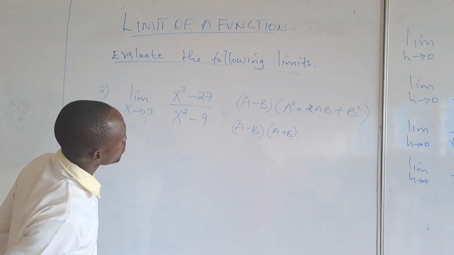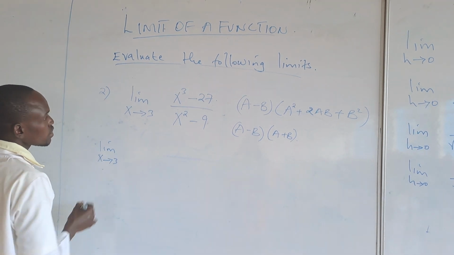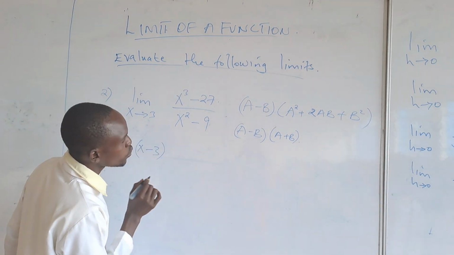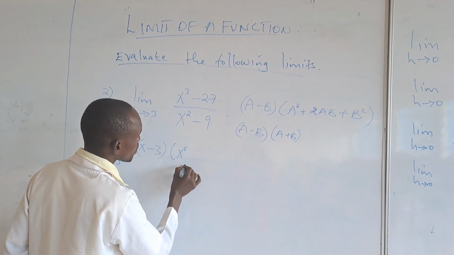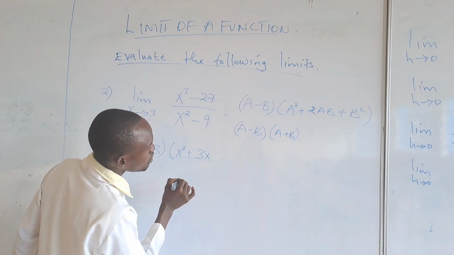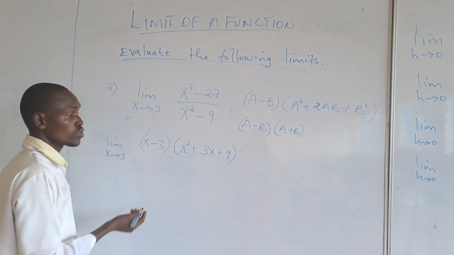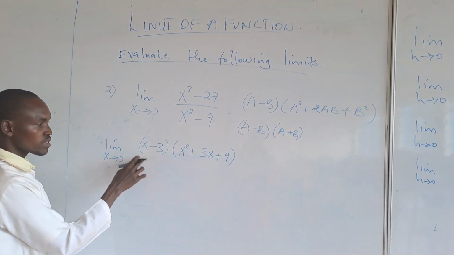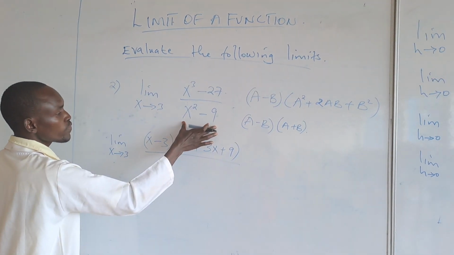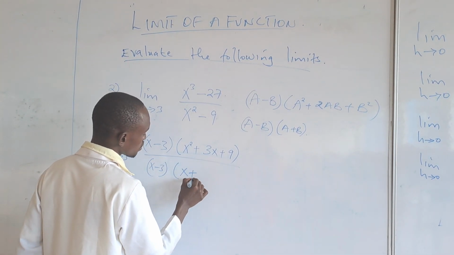We have the limit as x tends to 3 of x minus 3 into x squared plus 3x plus 3 squared, that is 9. You can confirm, if you open this bracket, it brings us back to this. Then divide by, if we factor this, x minus 3 into x plus 3.